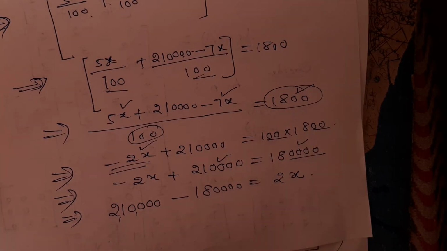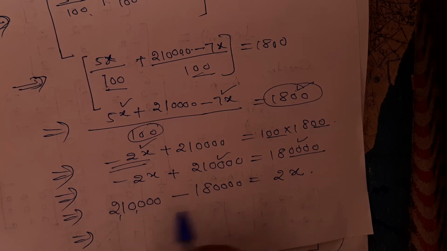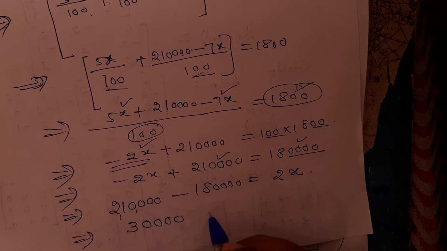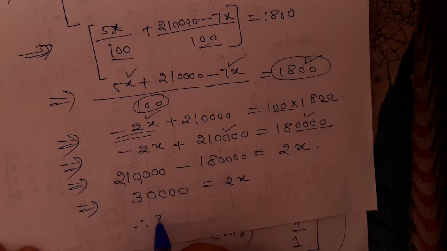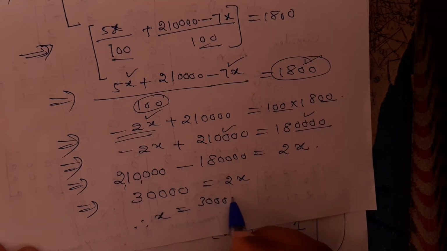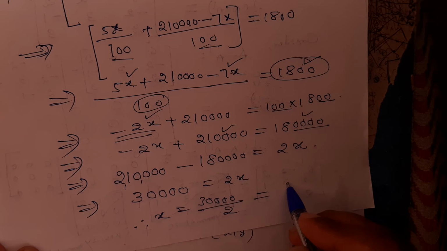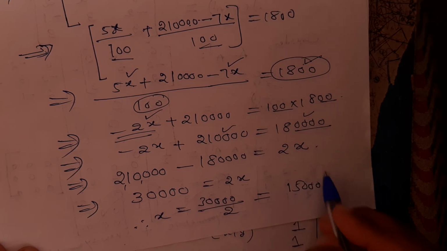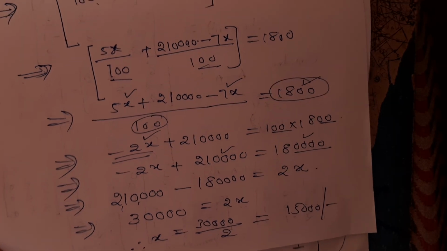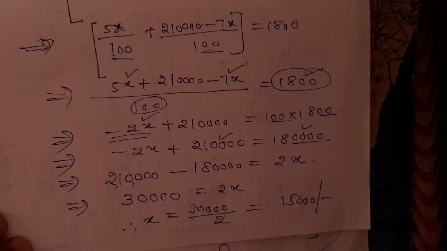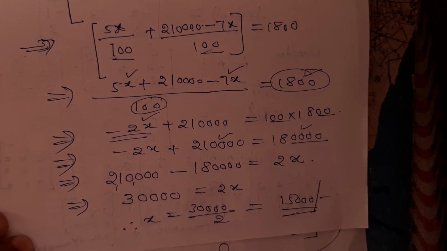On subtraction we get 30,000 is equal to 2x. Therefore x is equal to 30,000 divided by 2, that will be 15,000 rupees. Amount invested in the first type of bond is 15,000 rupees.